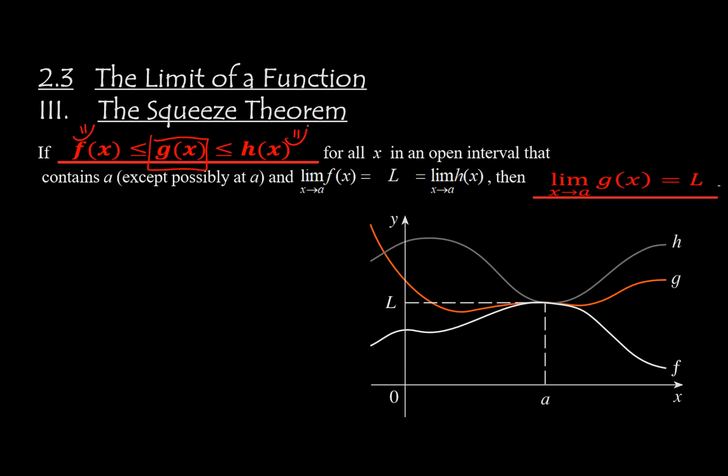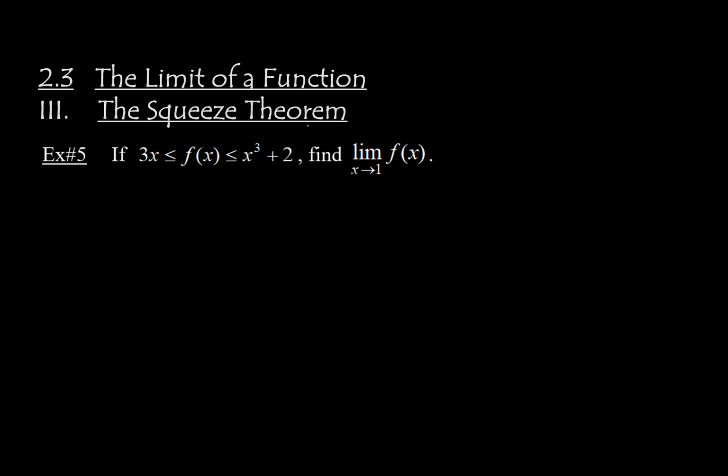This is called the squeeze theorem. An easy way to demonstrate this is as follows. So here you have some undefined function f that is in between 3x and x cubed plus 2.